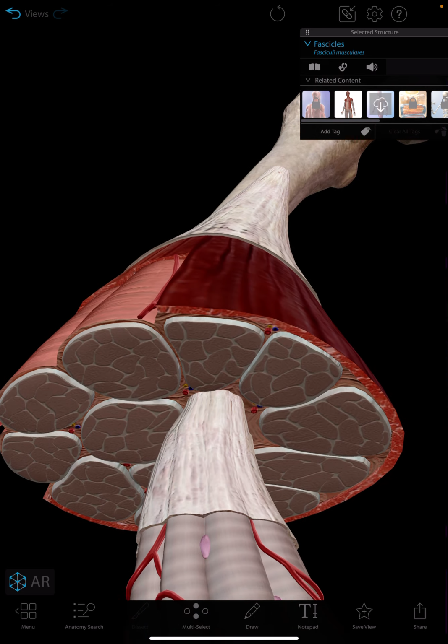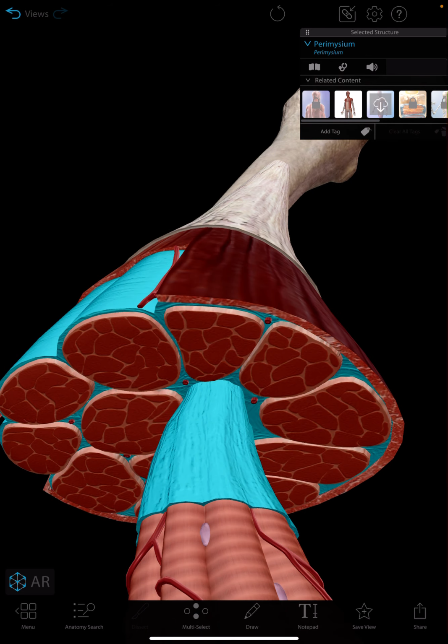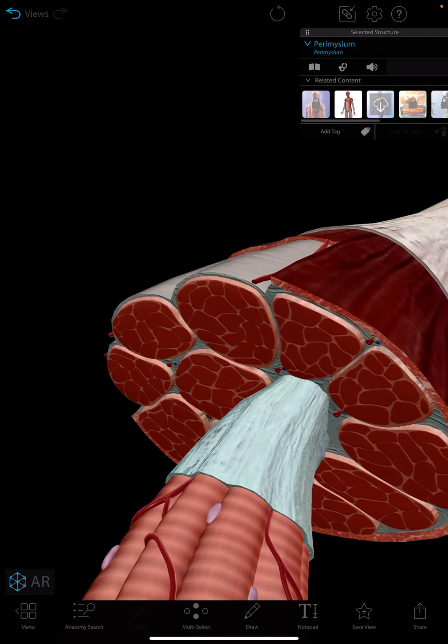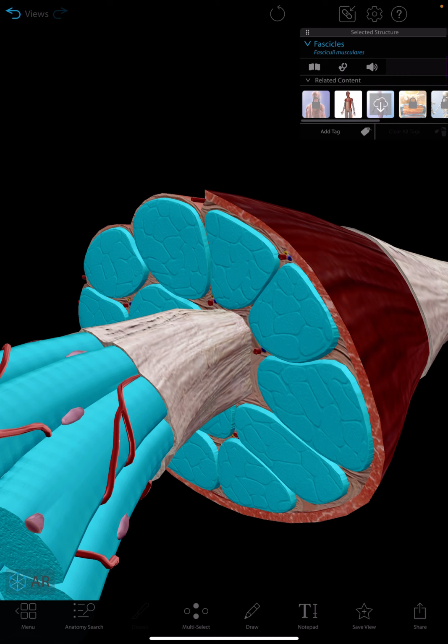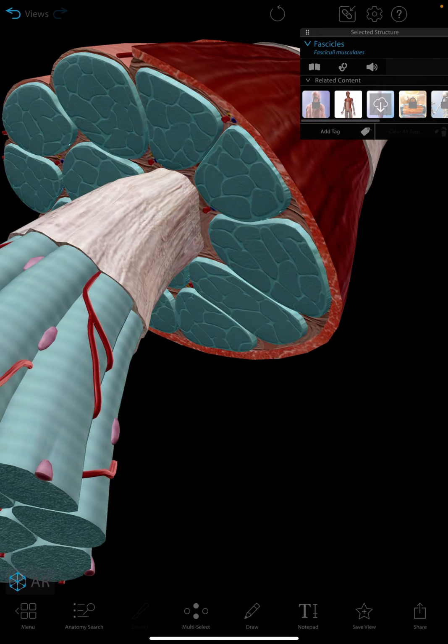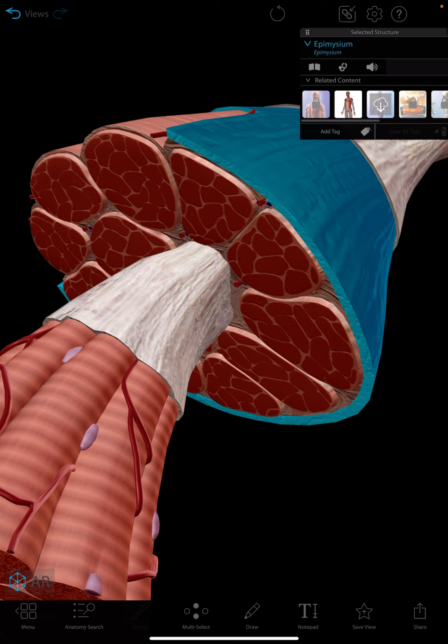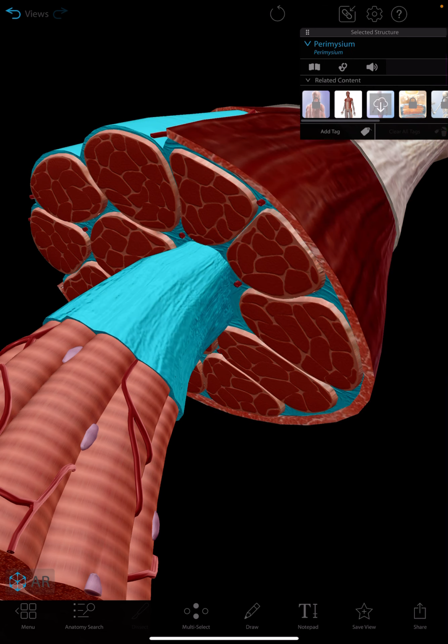You can see one here that has been pulled out of the muscle. Surrounding an individual fascicle is the perimysium. So the outer covering was the epimysium, and surrounding the individual muscle fascicles you have the perimysium. A fascicle is just a group of muscle cells, a group of muscle fibers.